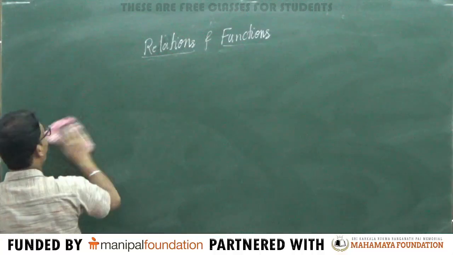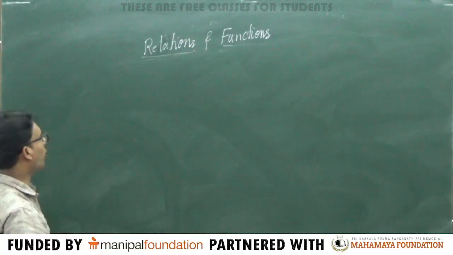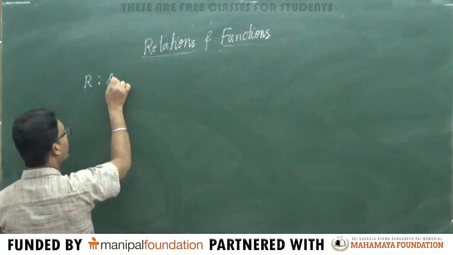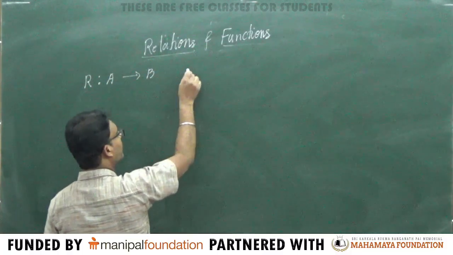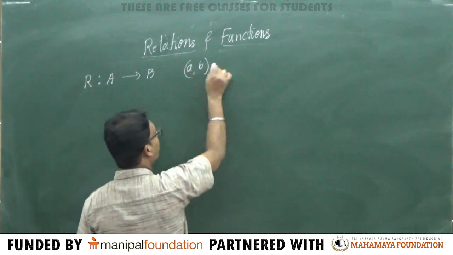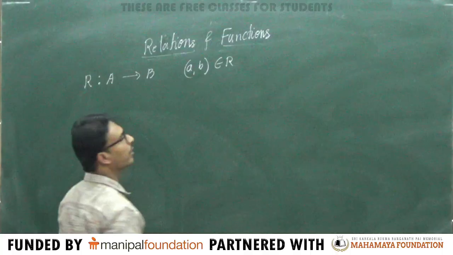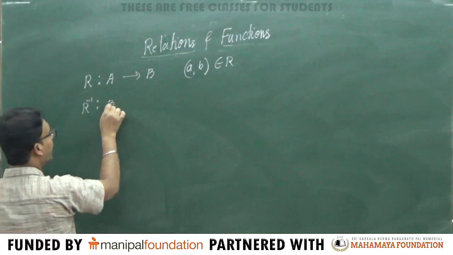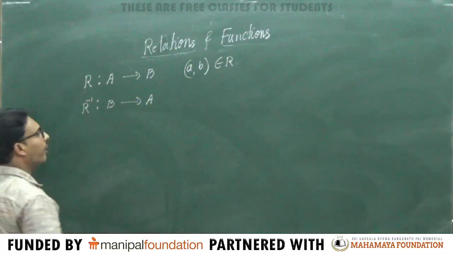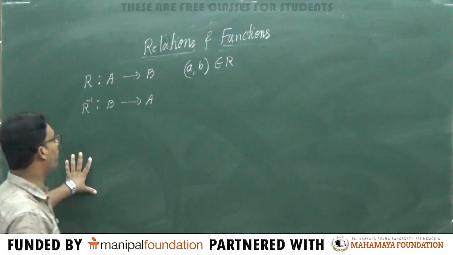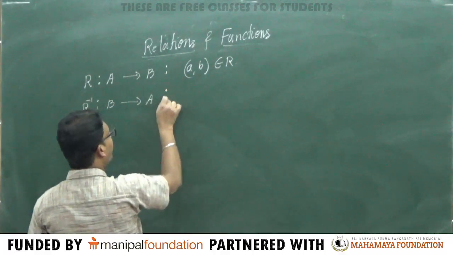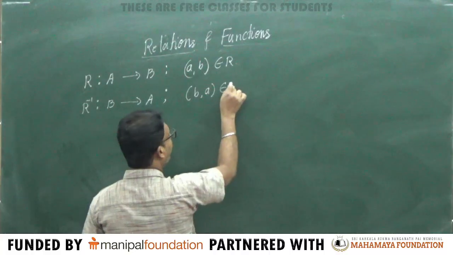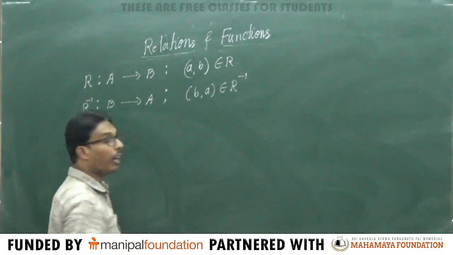Before going to explain the concept of functions, we have one more concept. Suppose R is a relation from the set A to B and assume that (a, b) is an ordered pair present in the relation R. Then R inverse is a relation from the set B to A, and the elements present in R inverse are of the form (b, a).